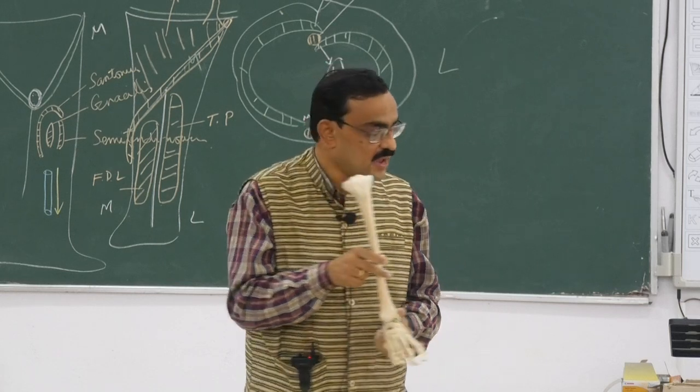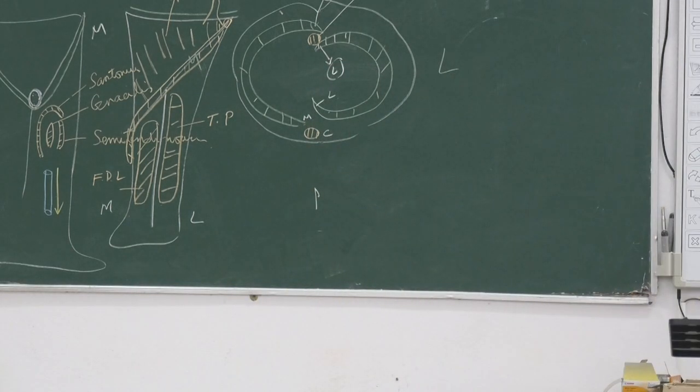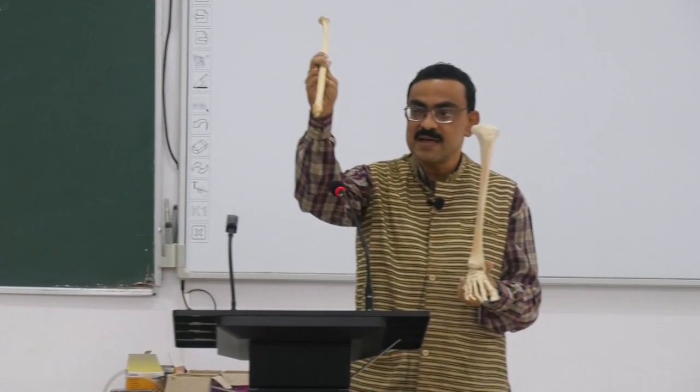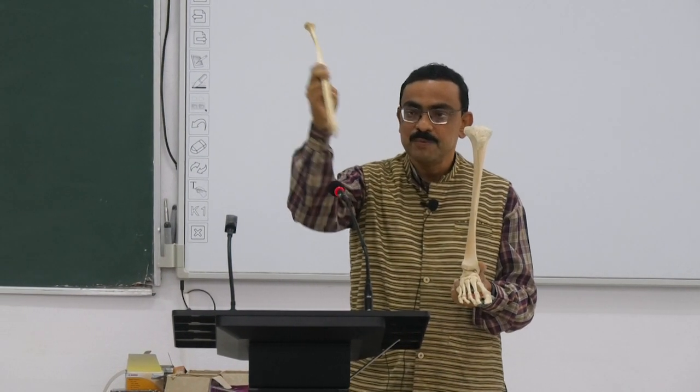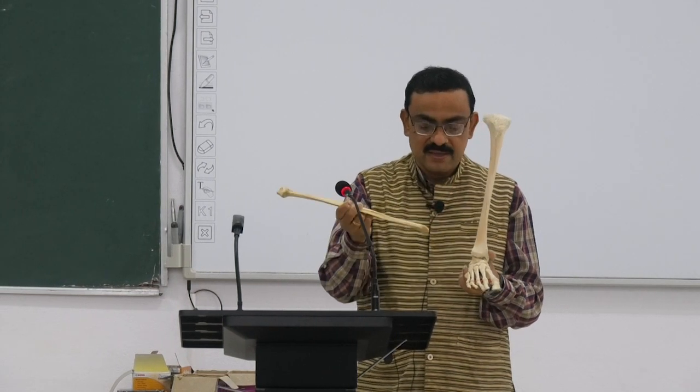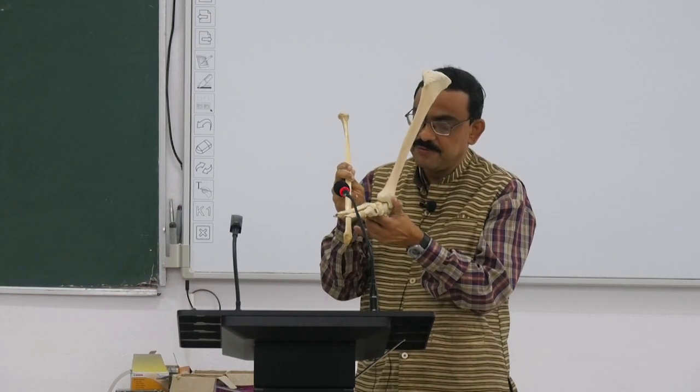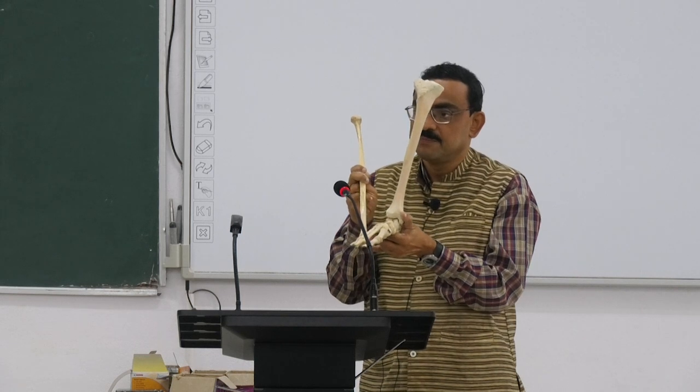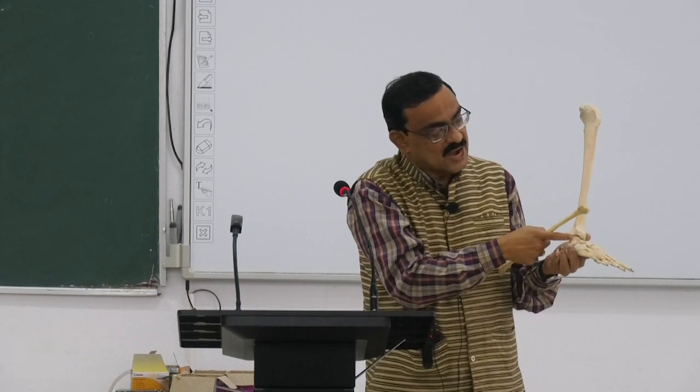It is also contributed to by this bone, the fibula. In the lower end of the fibula there is a triangular area which articulates with this triangular lateral area of the talus.